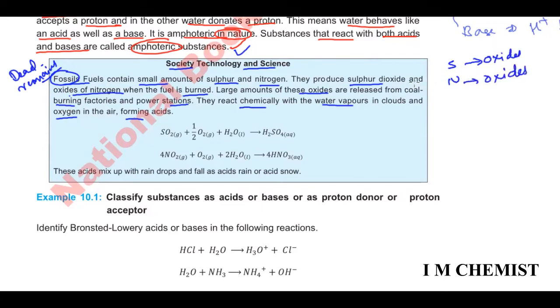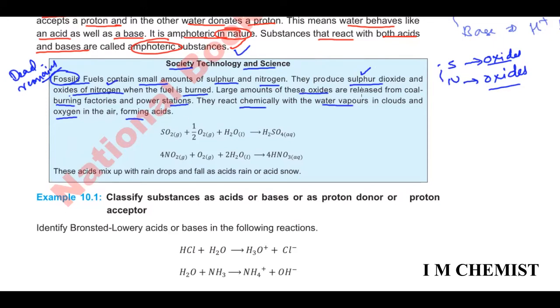Oxide means whenever they react with oxygen atom, like sulfur dioxide, sulfur trioxide, nitrogen dioxide, nitrogen monoxide. These all are known as oxides of sulfur and nitrogen respectively. So whenever you burn the fuel, you get the formation of sulfur dioxide and nitrogen oxide.